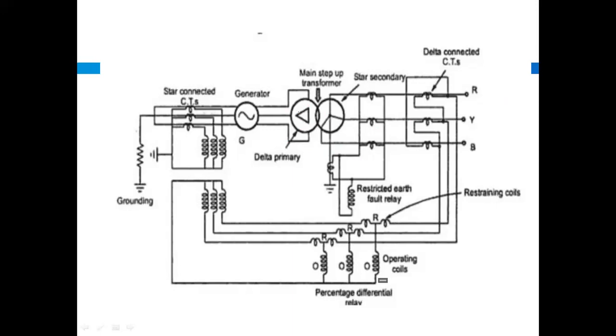The primary is connected in delta, right? What we have seen in transformer protection, the previous topic, is that if the primary is connected in delta, the CT should be connected in star, right?